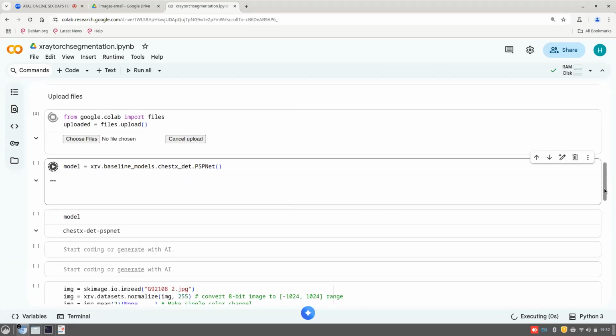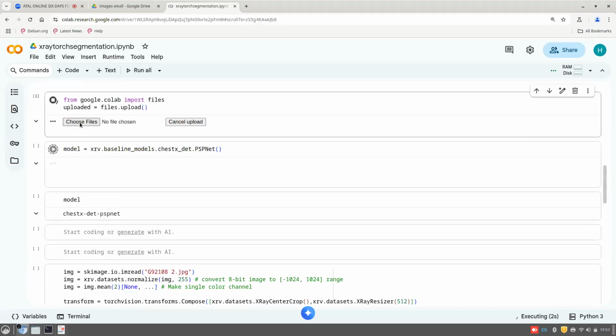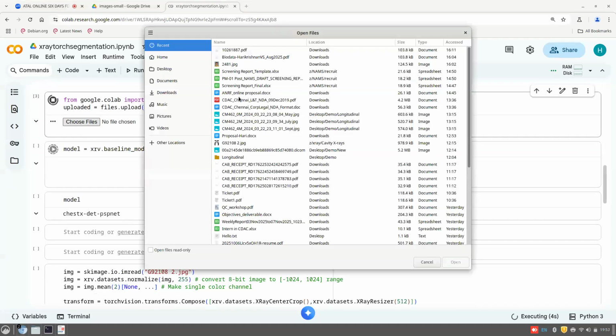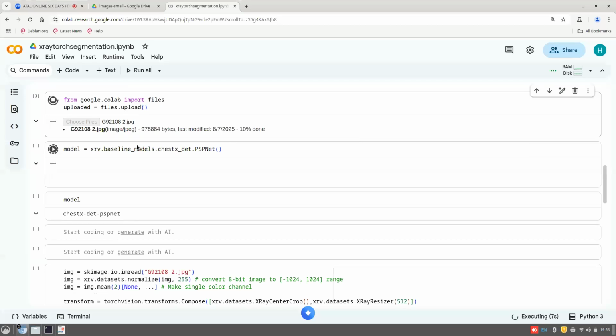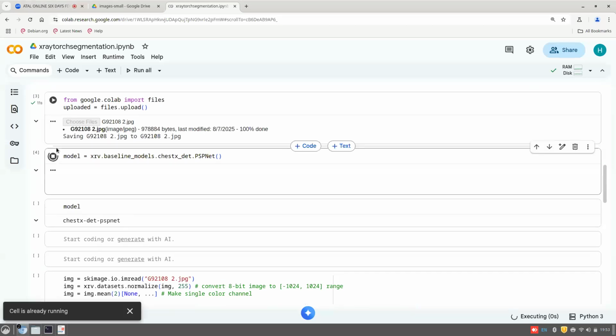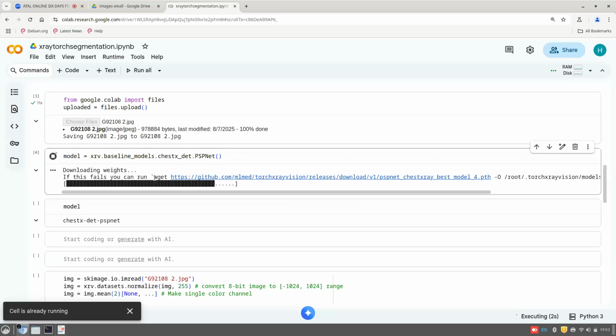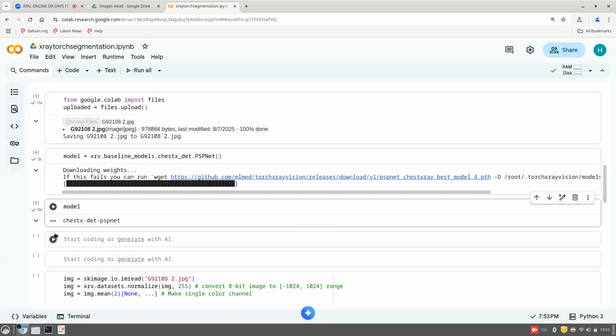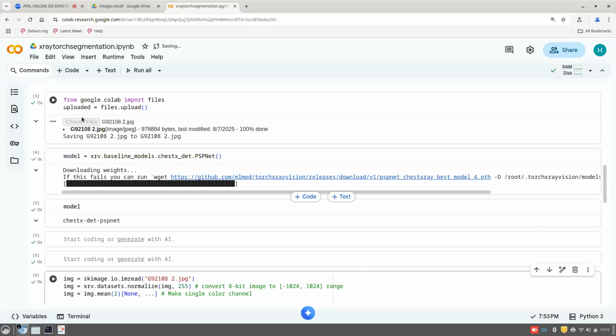Segmentation means I can extract the heart region or lungs region associated with the chest X-ray image. I am downloading the weights of this PSPNet architecture for which error was minimum, which are called pre-trained weights. And I'm loading the model and supplying this input image.